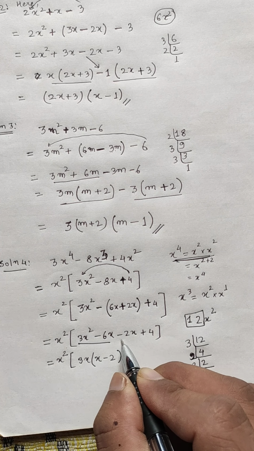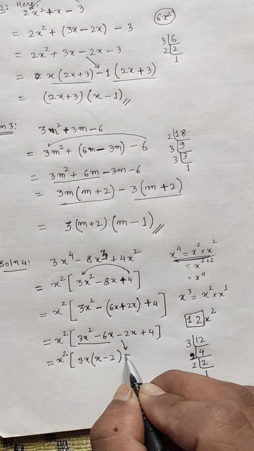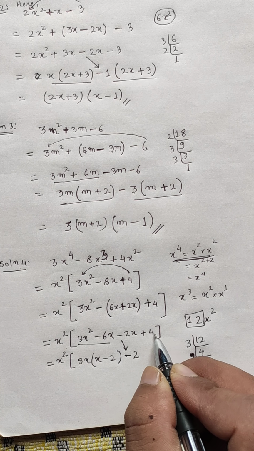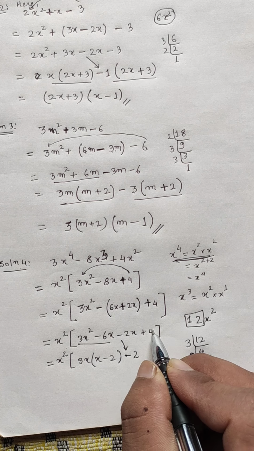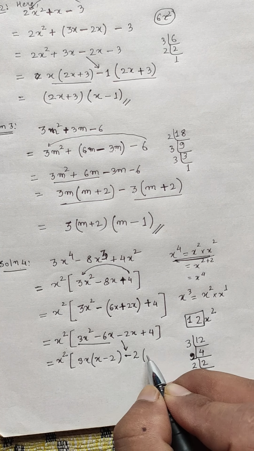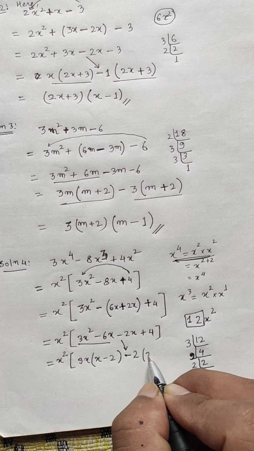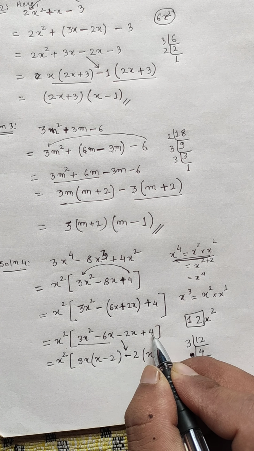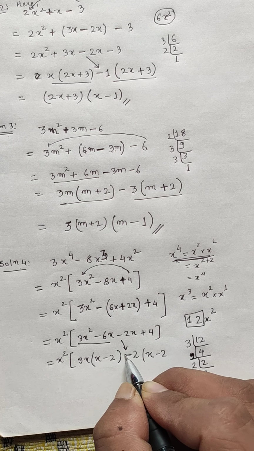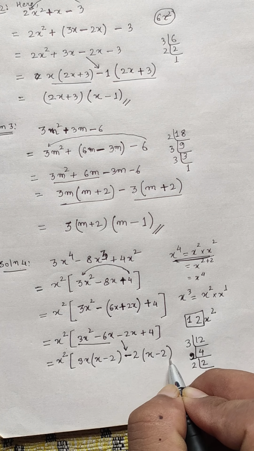Now if there is a minus sign, you have to take the minus as common, then minus 2, because we can split 4 as 2 times 2. So minus 2 is taken out as common. What's the remaining here? X. And what's the remaining here? Yes, minus 2 is the remaining because we have taken minus 2 as common.